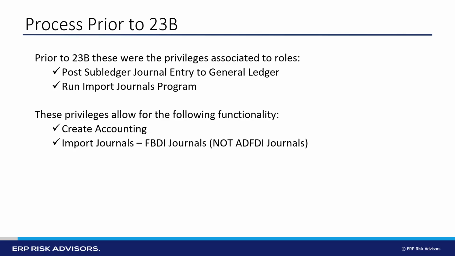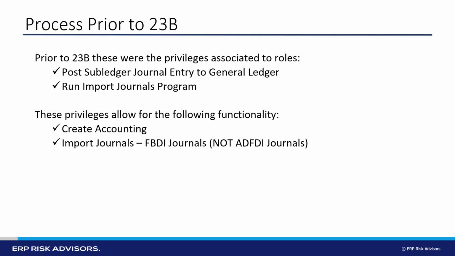Step 2 performs the actual importing of the FBDI journals into Oracle from the interface tables. That takes it into the base tables, like the GL header, GL lines, and GL batches tables, I think. That is what step 2 does.